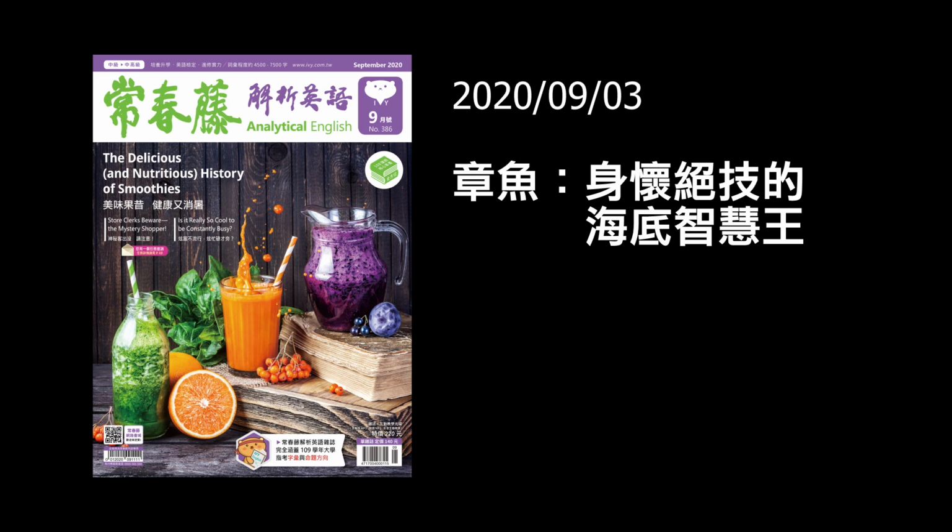2, according to the second paragraph, which of the following is true about octopus arms? 根据第二段，关于章鱼触手下列哪一项是正确的？The answer is C, they can think for themselves. Number 3, why do octopuses tend to crawl along the sea bottom? The answer is D, crawling consumes less energy than swimming. And finally 4 kids are talking about their pet octopuses.